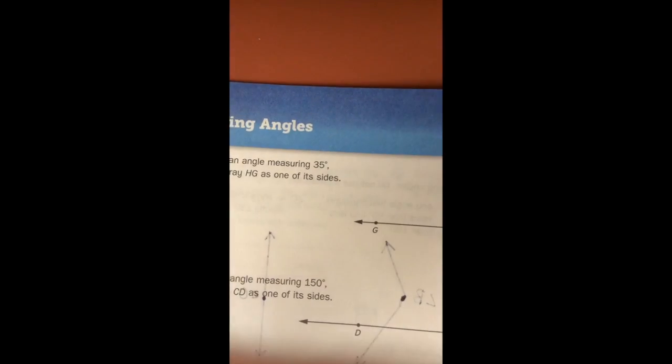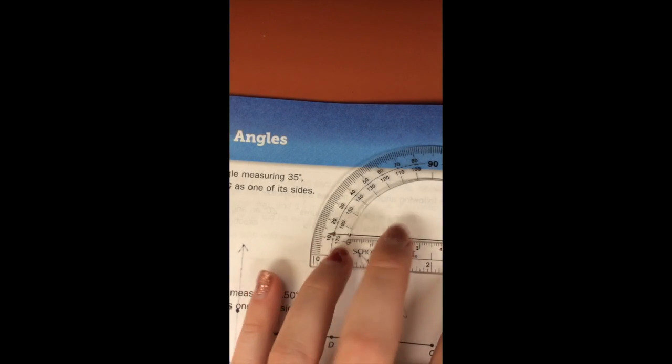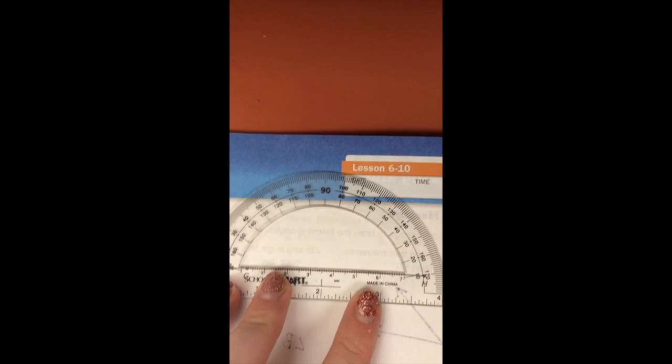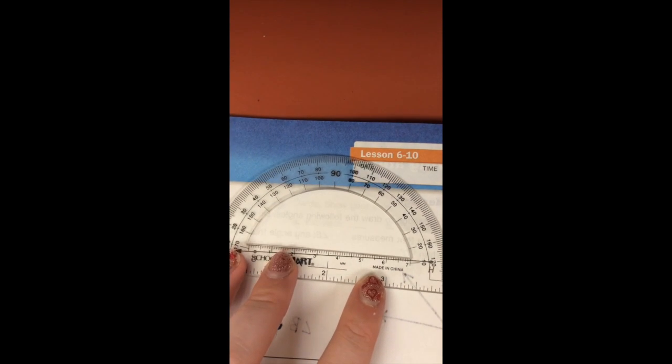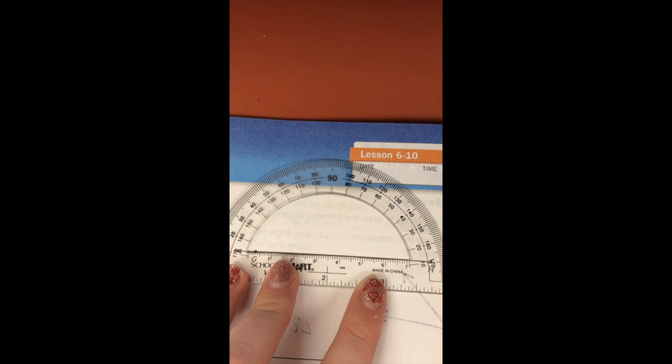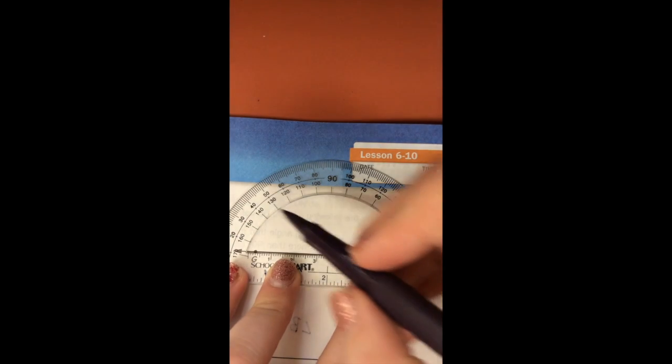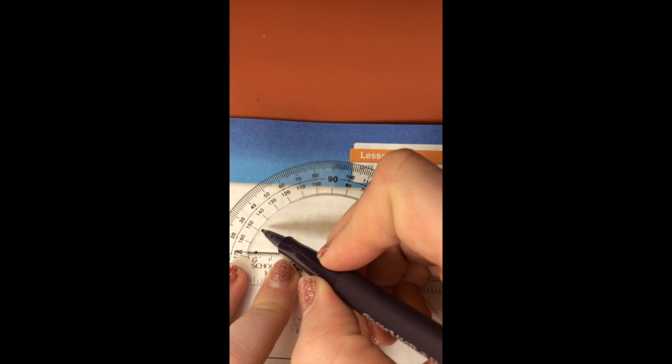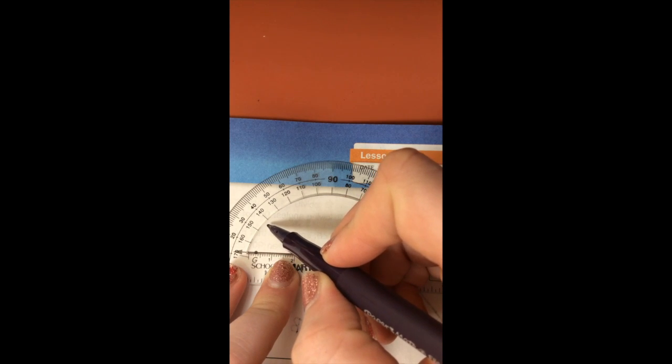So they want us to draw an angle measuring 35 degrees using the ray HG as one of its sides. So what we're going to do is put the line on our 0, and they want it to be about 35 degrees. So we're going to come over here. I found 30. I'm going to count over 1, 2, 3, 4, 5.